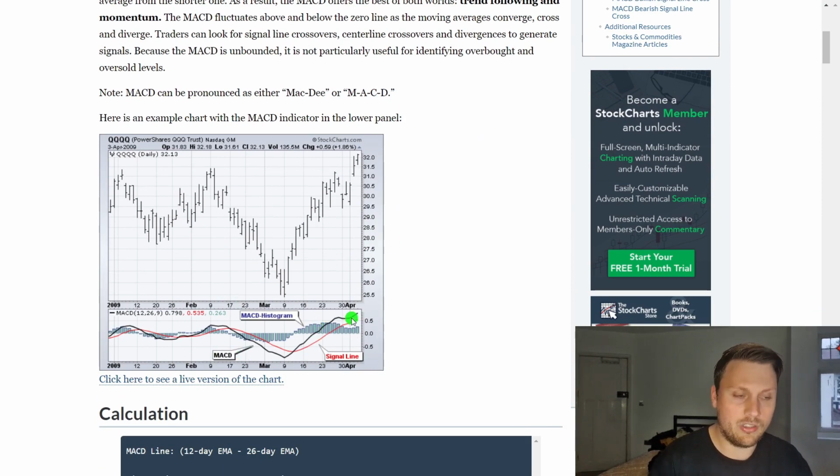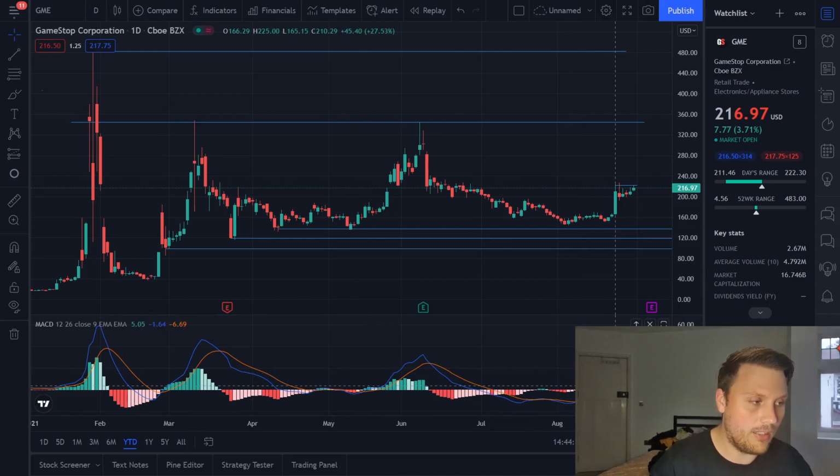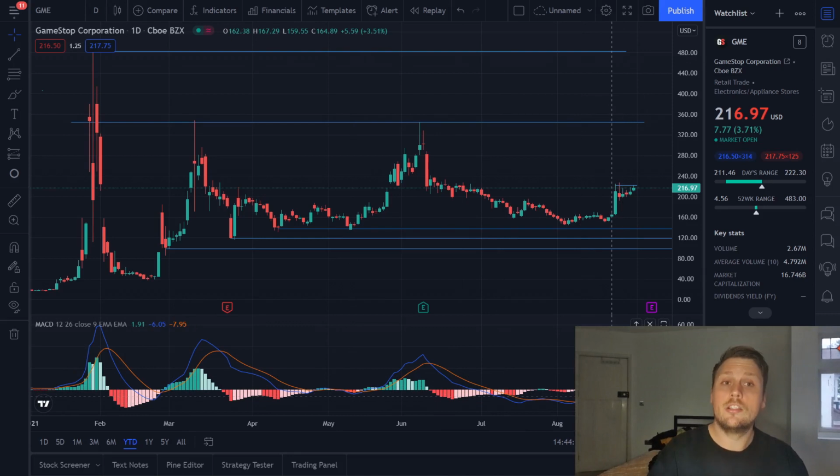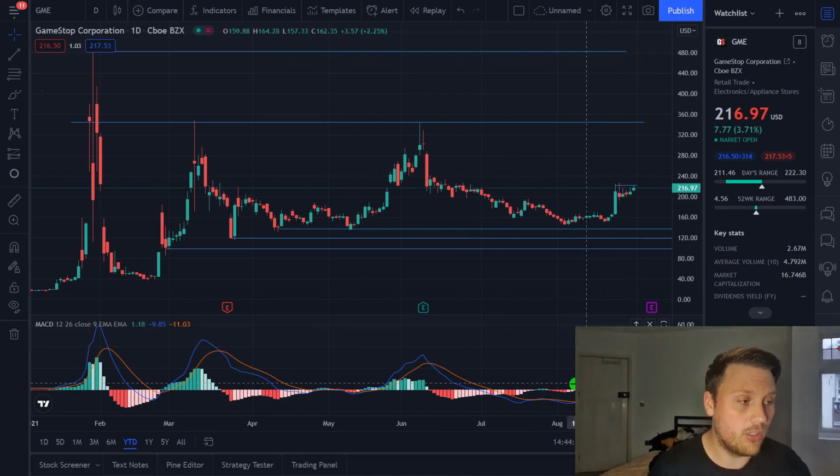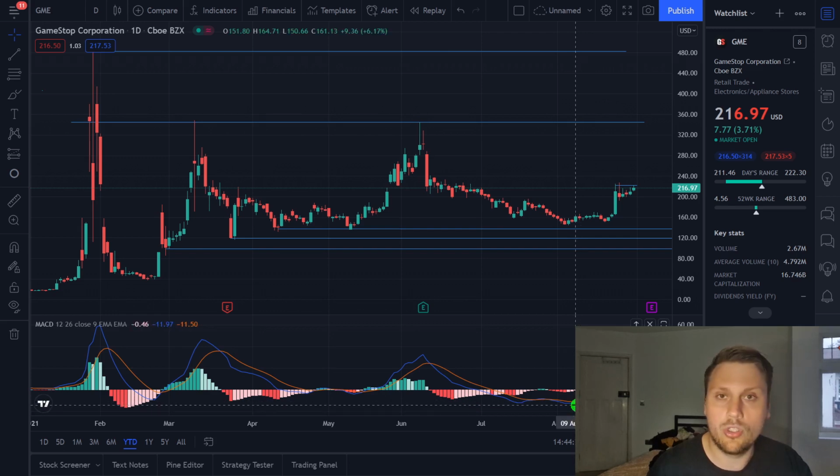Now, if I go back to GameStop, we have the MACD line here in blue and then we have the signal line in orange. So I did talk about this a few weeks ago. When the signal lines crossed here, they're also shown by the histogram here. When it's negative, it's red. When it's positive, it's green. So I said that this is a good time for GameStop because we're in the positive.